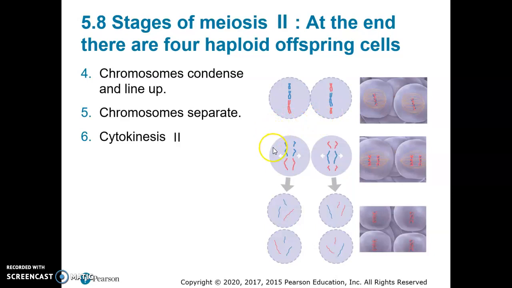Then in anaphase 2, the sister chromatids are pulled apart to opposite sides of the cell, and then in telophase 2, the cell splits down the middle. Cytokinesis, the cytoplasm is separated, and here we've got 4 haploid different cells.